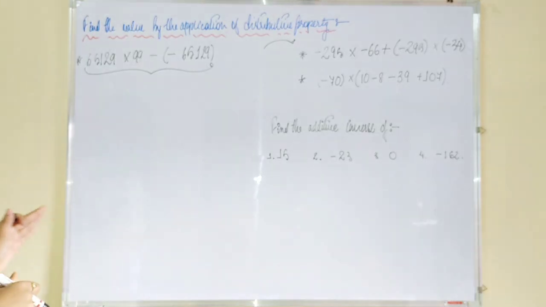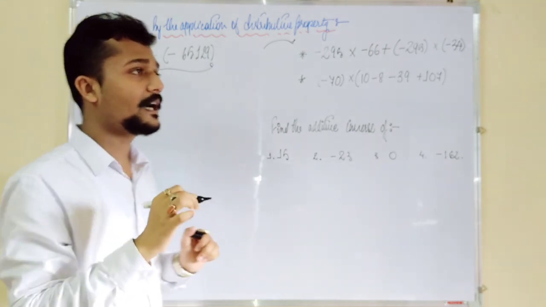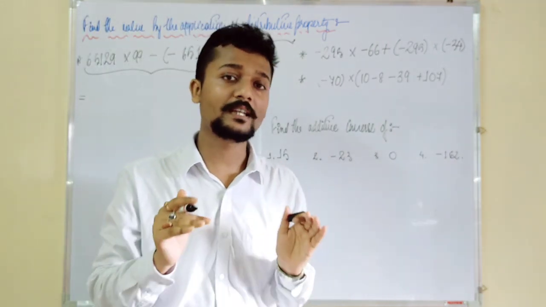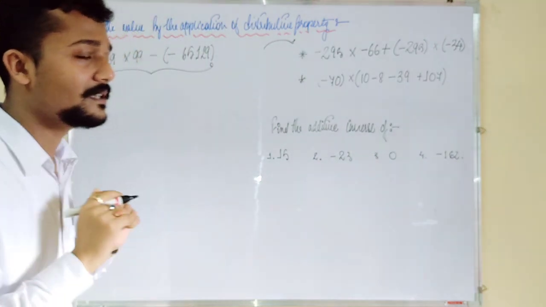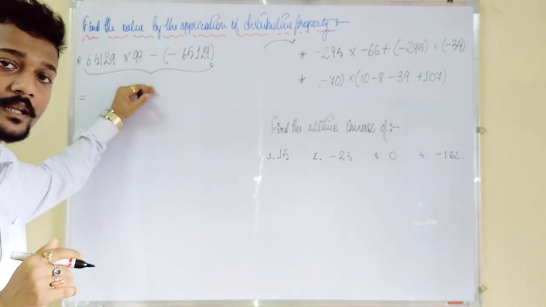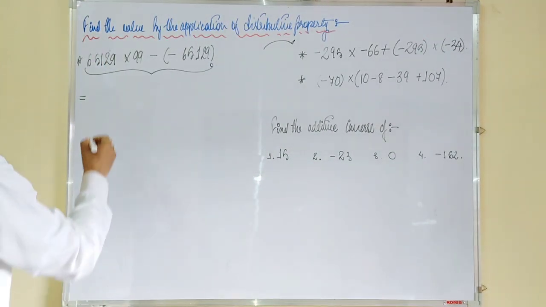It seems like that, but it is not. If we sort it out in a way that makes it look easier to understand and solve, it becomes easier. Let us see how we can convert this question as per the distributive law.